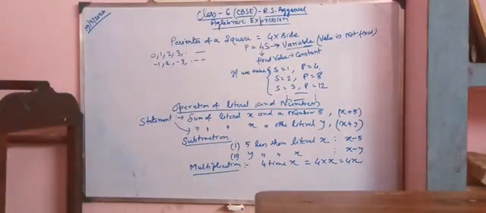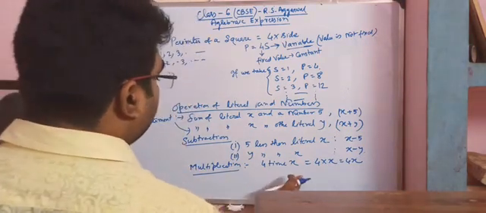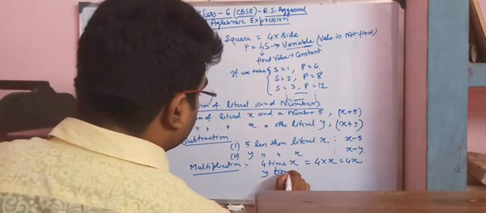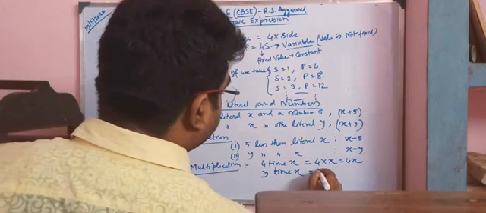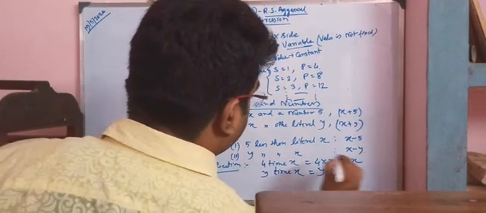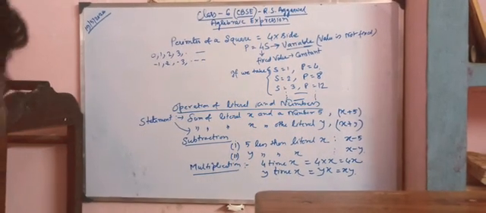Okay. So this is a constant number times a literal. Next, if we take a literal times a literal, that is y times x, that can be expressed as yx or xy.